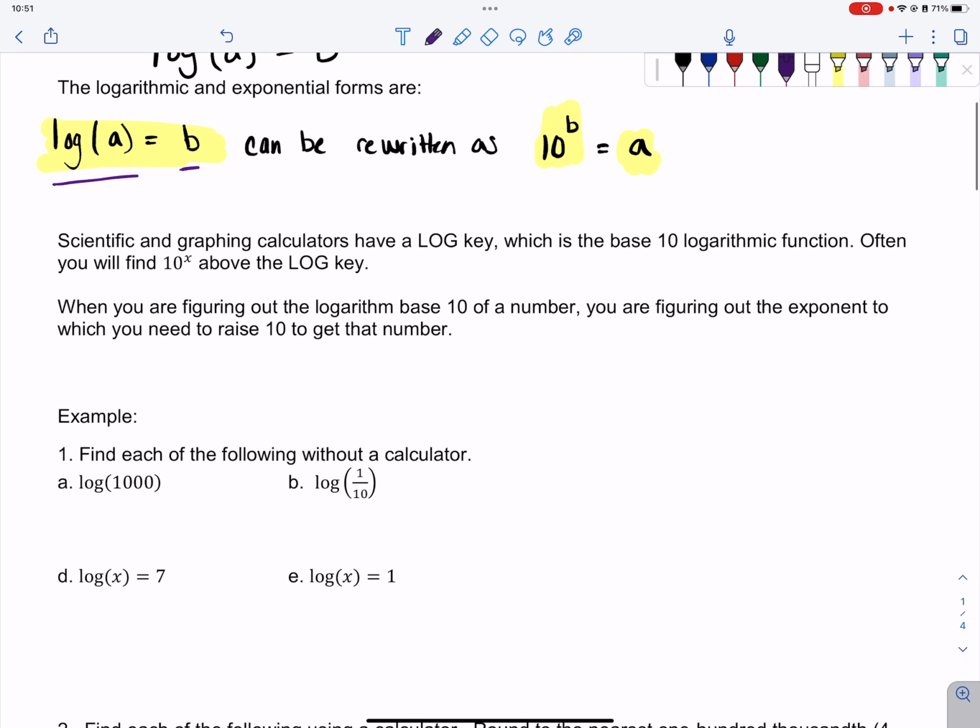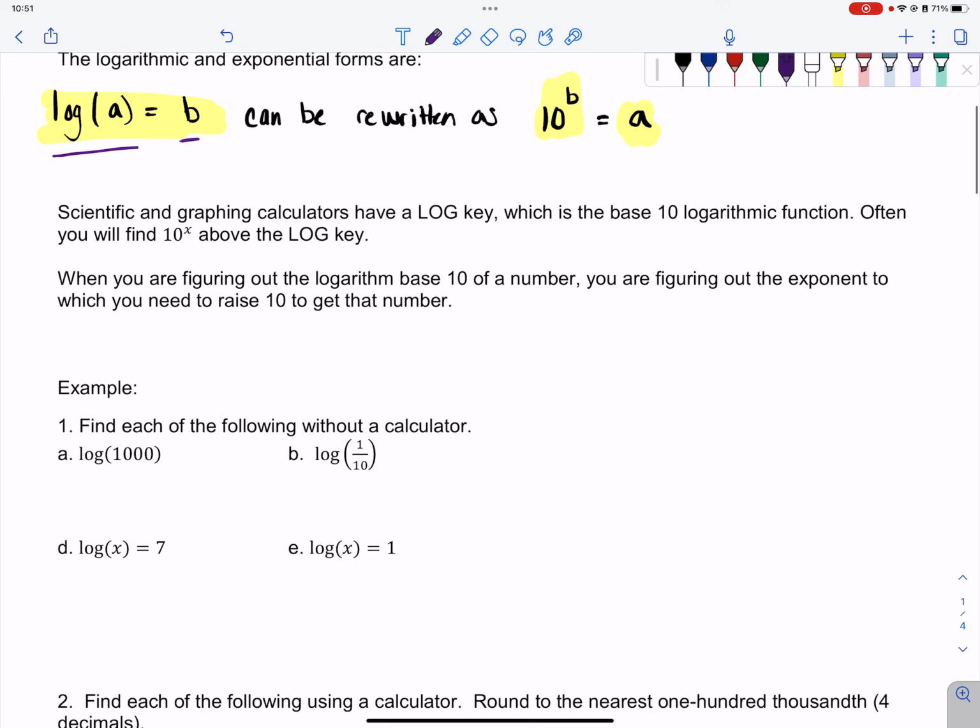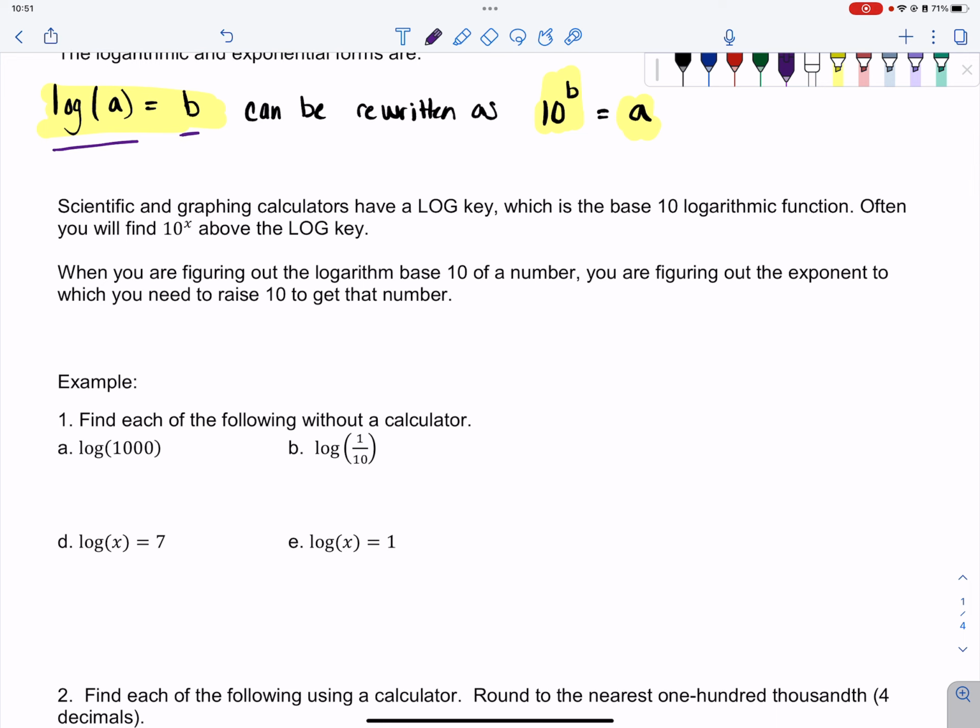So let's do an example without having to use a calculator first. I want to figure out what the logarithm of 1000 is. Well, I'm going to imagine I am setting this equal to b. I want to know what this is equal to. Here I am trying to figure out what this exponent would be on 10.